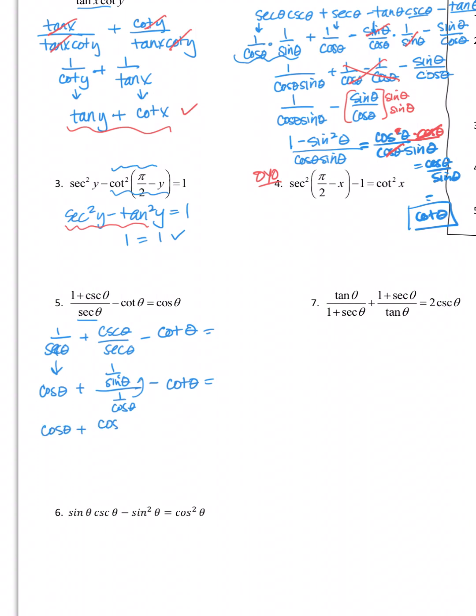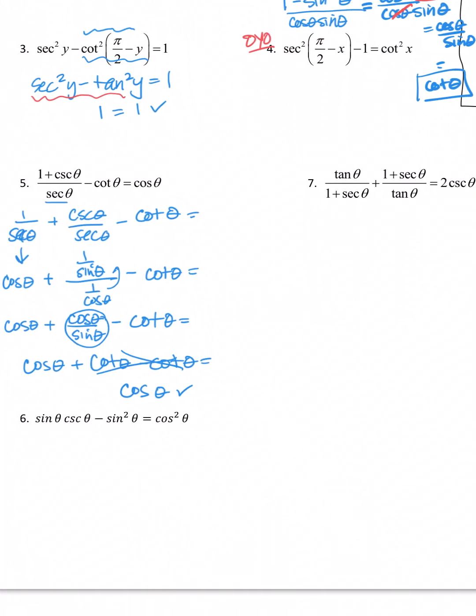I'm going to have cosine theta over sine theta minus cotangent theta. Do you see what's going to happen here? Cosine theta plus this is also known as cotangent theta minus cotangent theta. Those cancel out, and I'm left with cosine theta. Boom. Cleaned up really nicely.